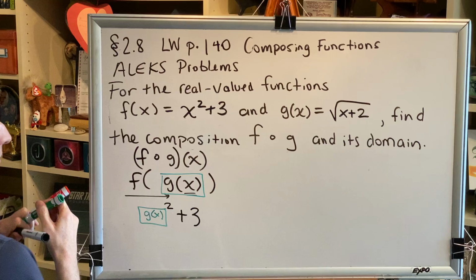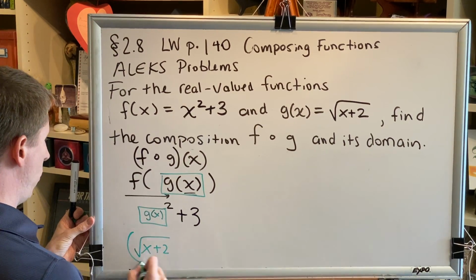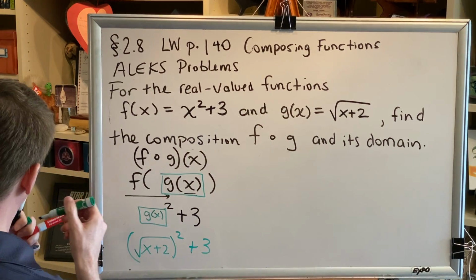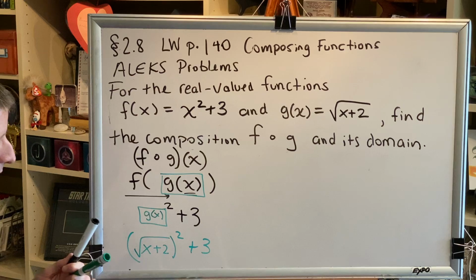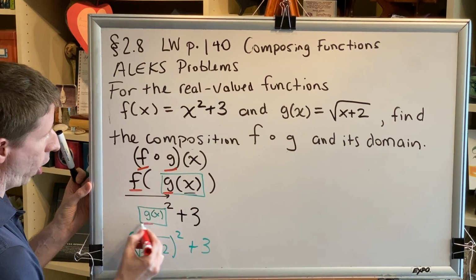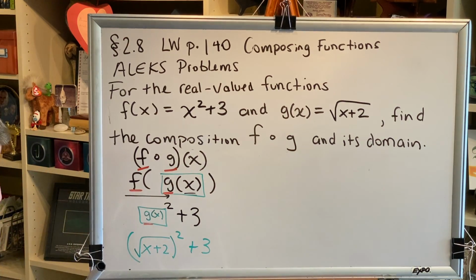The square root of x plus 2 in parentheses squared plus 3. This is the first line of algebra where all of our function names are gone. So this is where we stop and determine the domain.